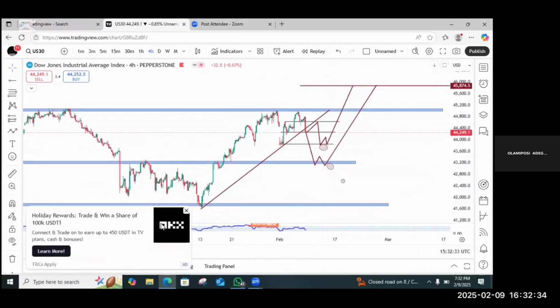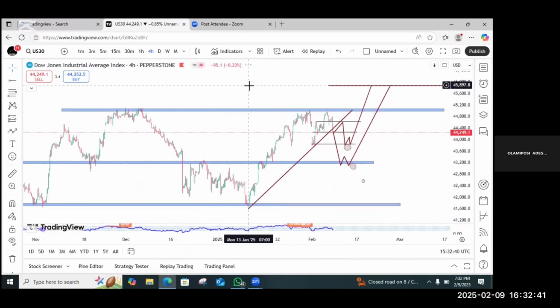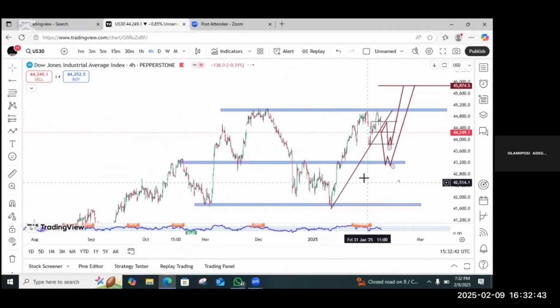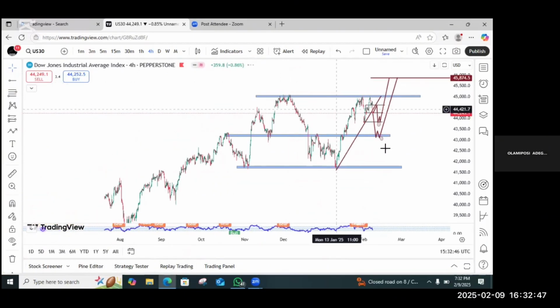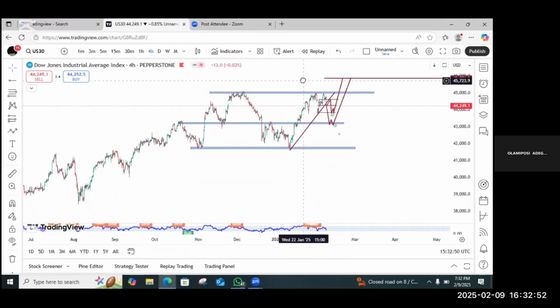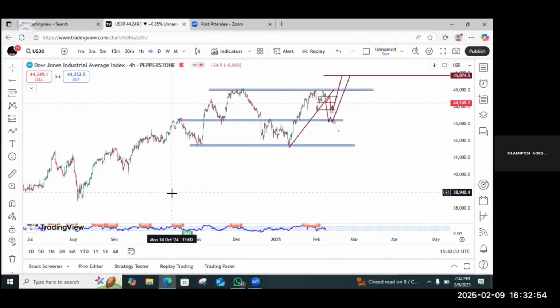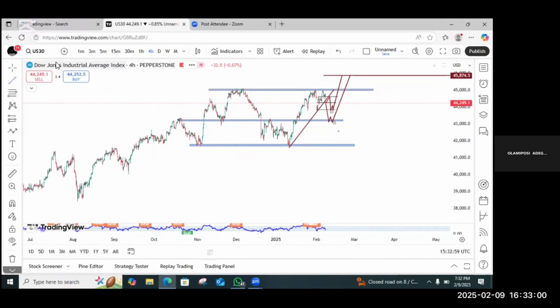On the other hand, we know US 30 sometimes moves crazy. That is why I would like to zoom out very well from my chart, because US 30 can sometimes move in a wild way, even 1,000 pips in a day, depending on the activities. And now that we have Trump as our president, the market moves like crazy.